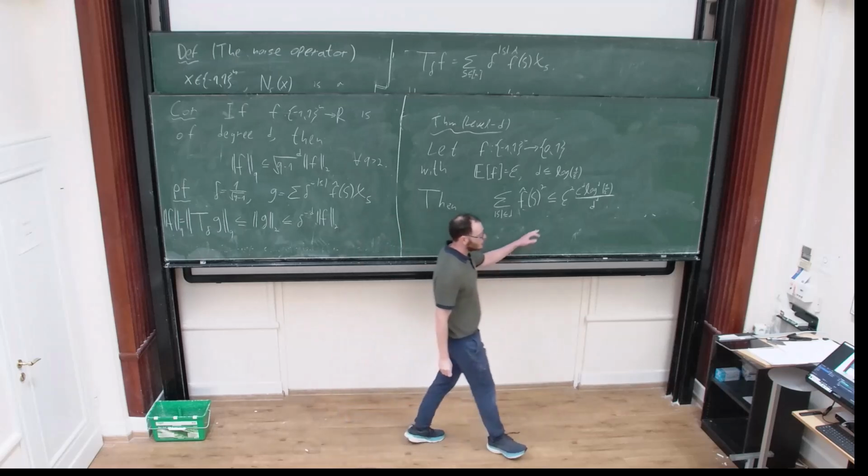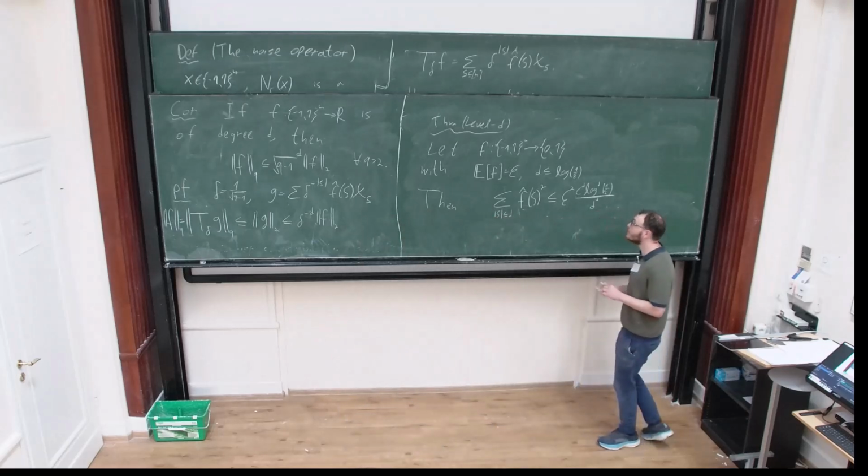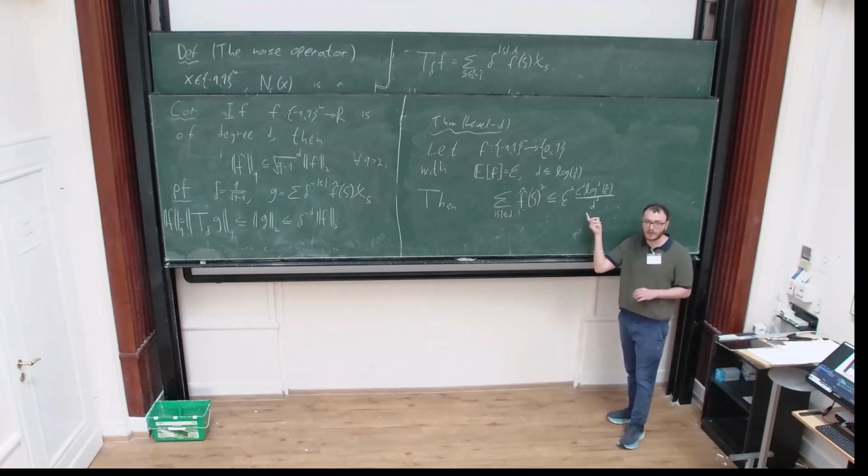So earlier we had epsilon to the 1.5, and you can actually get very close to epsilon squared and get only logarithmic factors.